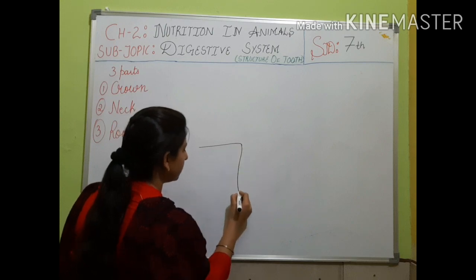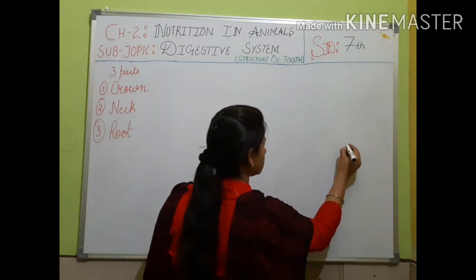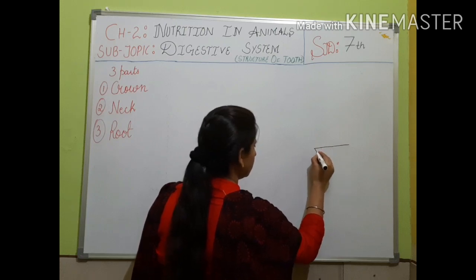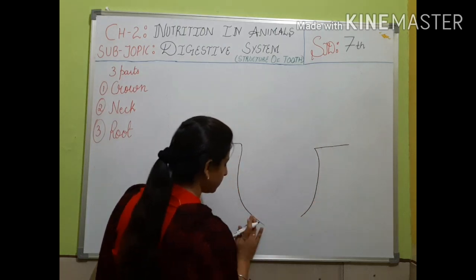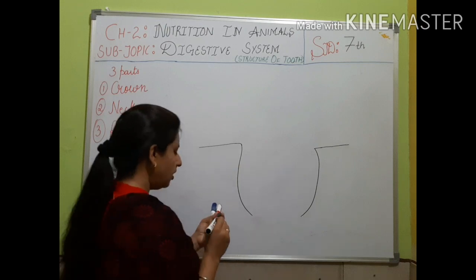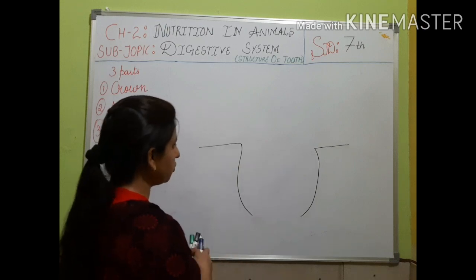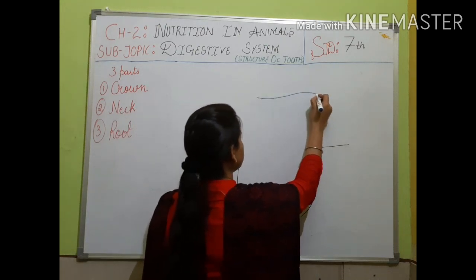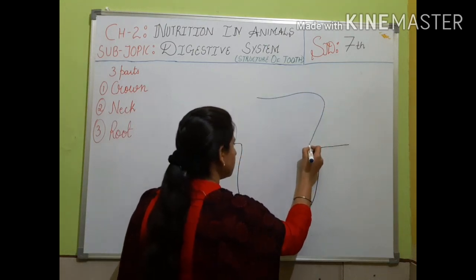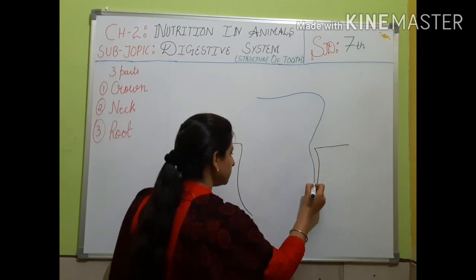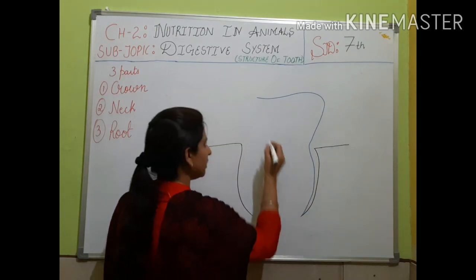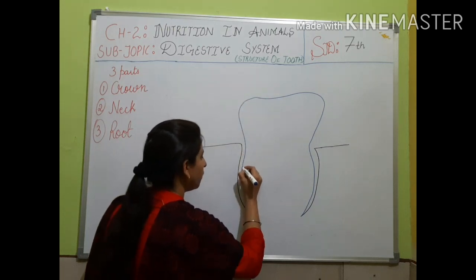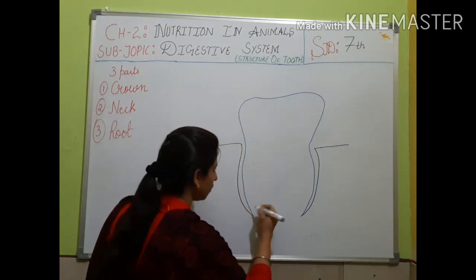So this is the bony socket which I am drawing before you. In between this bony socket, there is the tooth. That tooth is embedded in this socket.